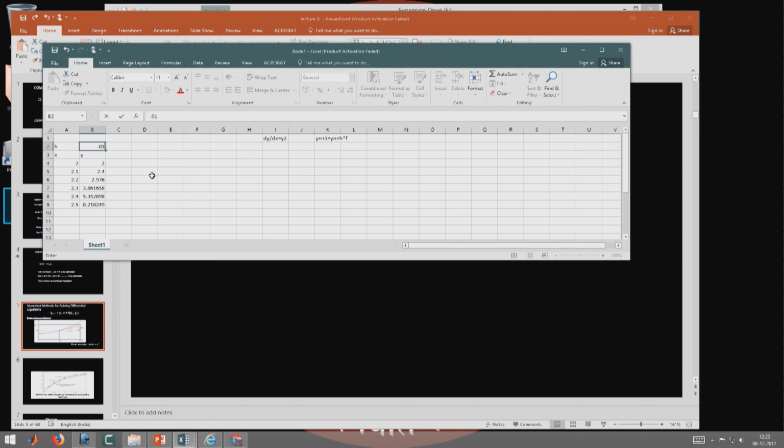0.01. Okay, as you can see here. You can also check out what is the actual value.